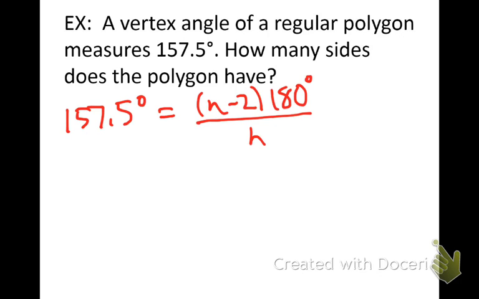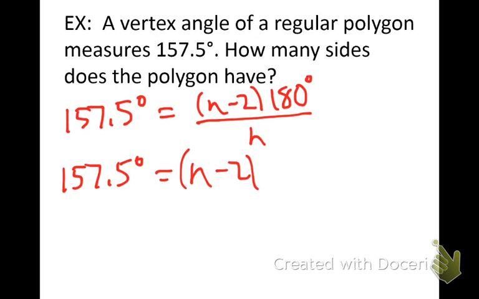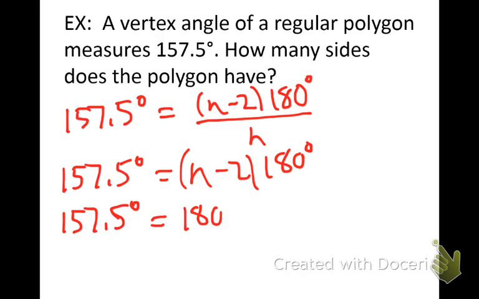divided by n, right? So then we solve for n, so we would multiply the left side by n. 157.5 degrees times n equals, the n on the other side cancels, so it's n minus 2 times 180. Then we distribute. 157.5 n equals 180 n minus 360.